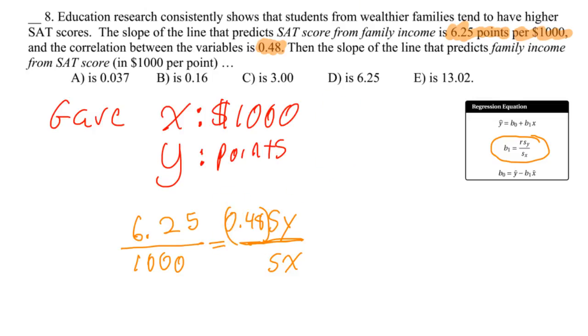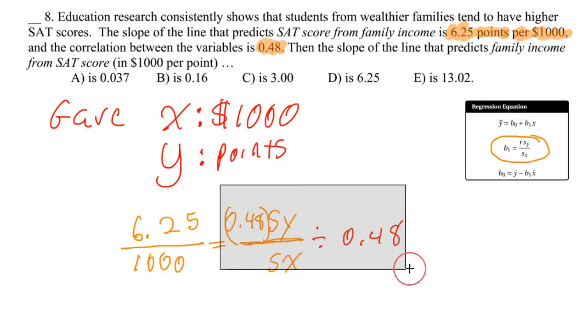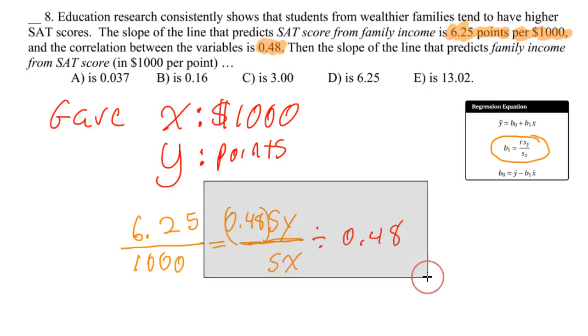Well, if I take this and divide both sides by 0.48, I would end up with just sy over sx. So I'm going to divide this side by 0.48, and I need to do the same thing on the left-hand side.